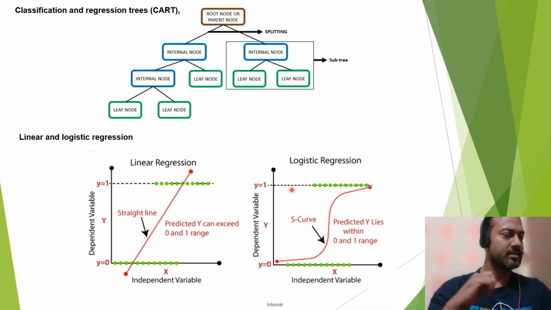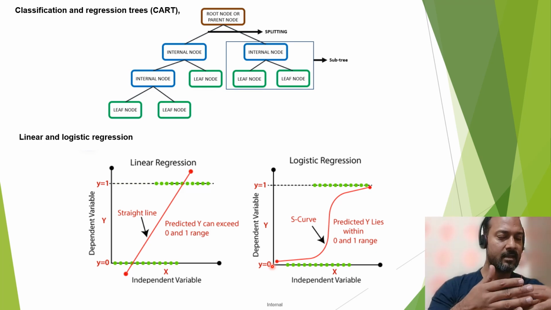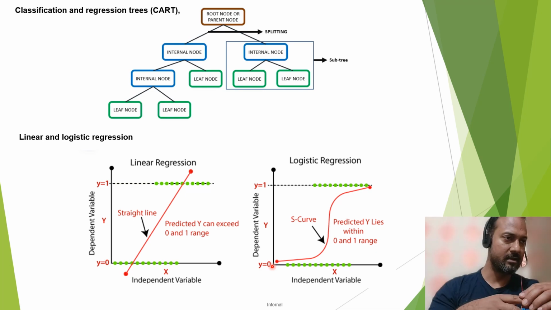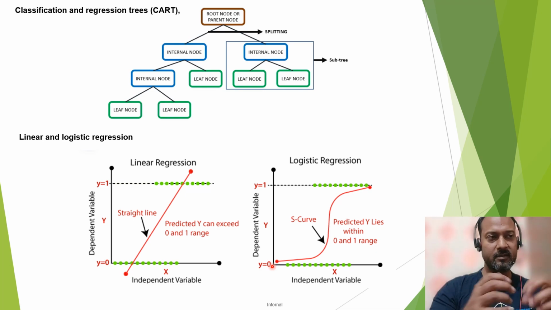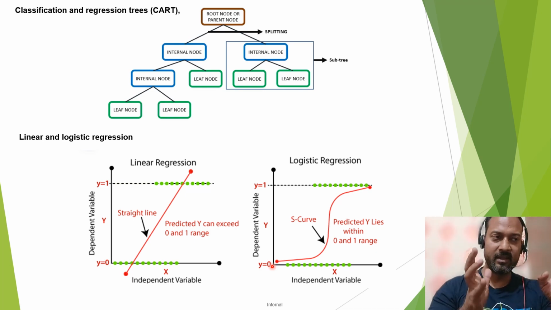Whereas in logistic regression, there would be a simple S curve and the value would be a binary value, 0 or 1, a Boolean value that could be true or false. For example, when you go for a corona test, the result is either negative or positive, right? And there would be no other mid value. Will there be rainfall today?